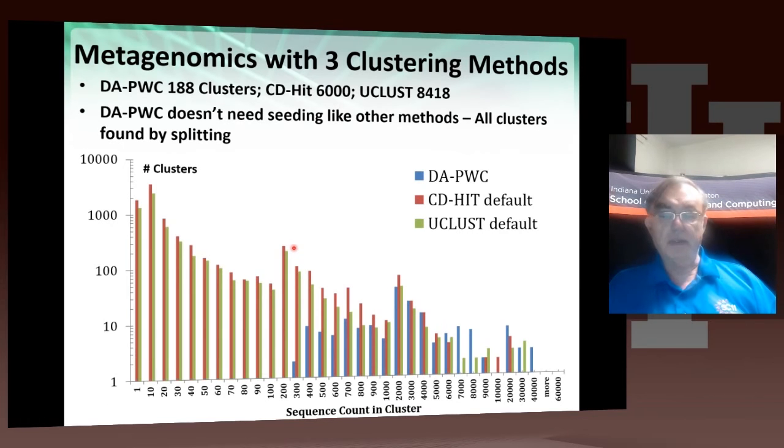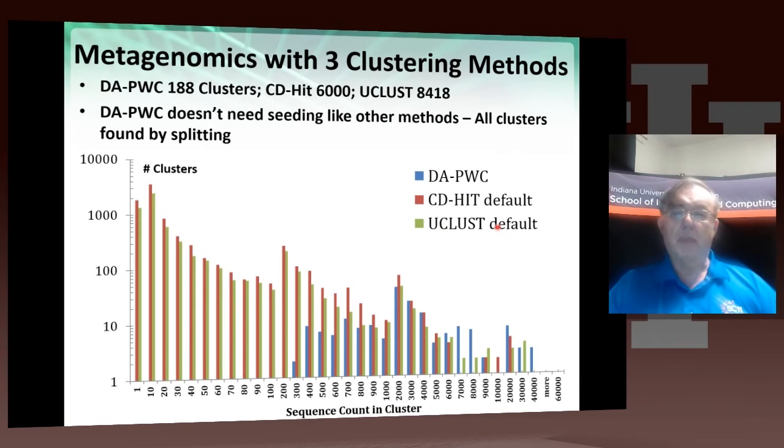Here is a comparison of our clustering technology with other clustering methods. The blue one here is the spectrum of the clusters which we got from our technology. And here we have various other methods, so-called CD-HIT and UCLUST.